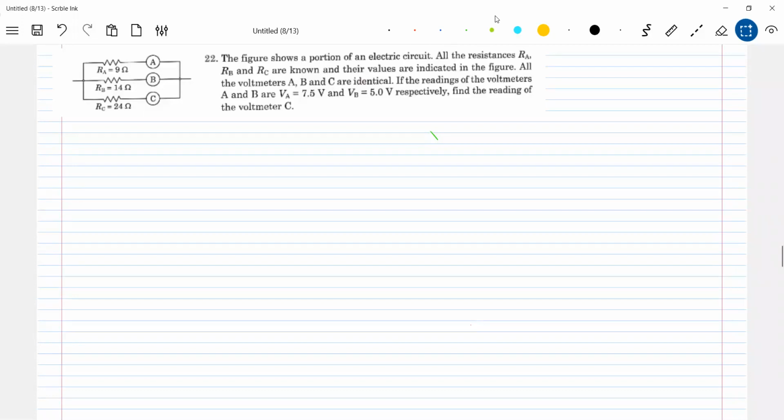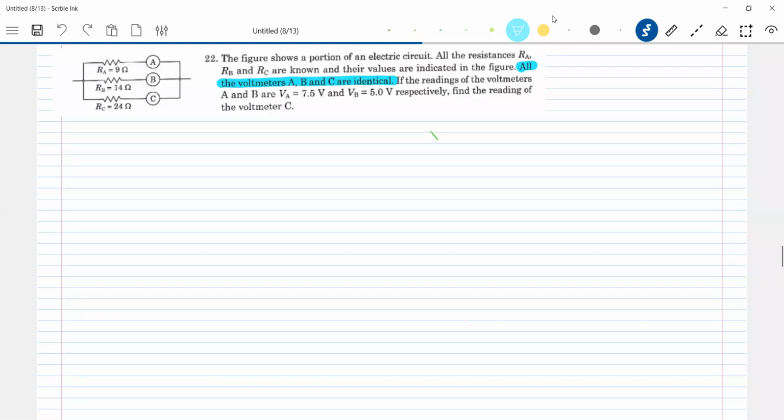It says all the voltmeters A, B, and C are identical. I'll just underline this. Reading of voltmeter C. No, it's not an ammeter, voltmeter.